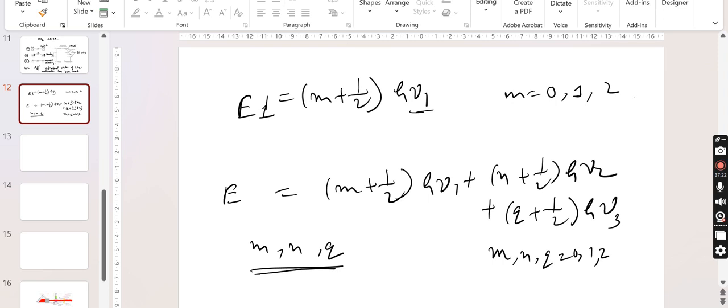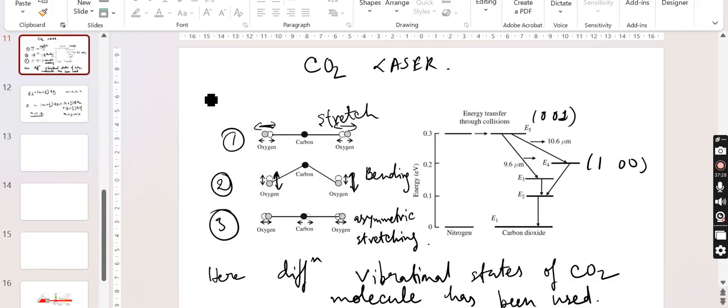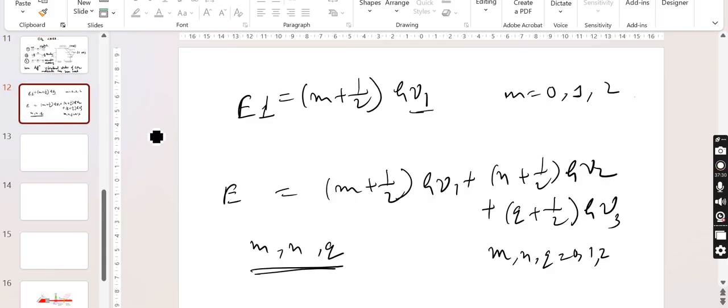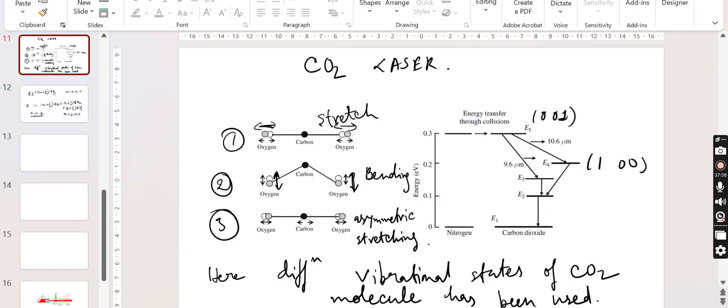So basically the asymmetric stretching is there, and 100 corresponds to the symmetric stretching, but n and q are 0. So between those two levels, we put an amount of carbon dioxide and nitrogen gas in the carbon dioxide laser.